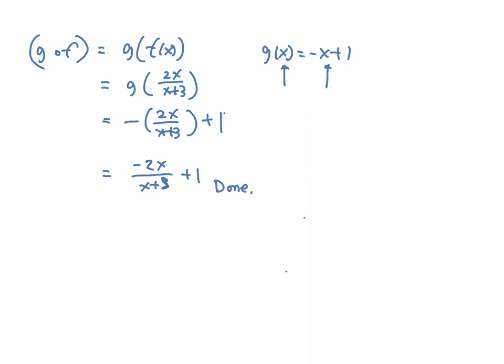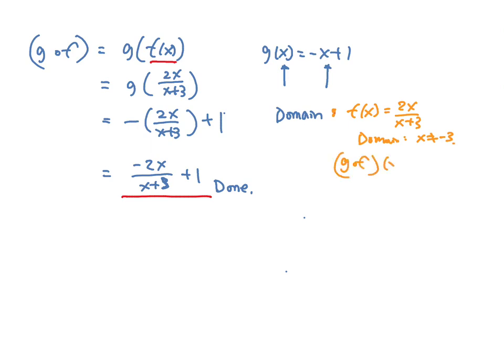Alright, domain. Again, for domain, we have to figure out the inside and overall. So in this case, f of x is 2x over x plus 3. The domain for that is x cannot equal negative 3. G circle f of x is negative 2x over x plus 3 plus 1.